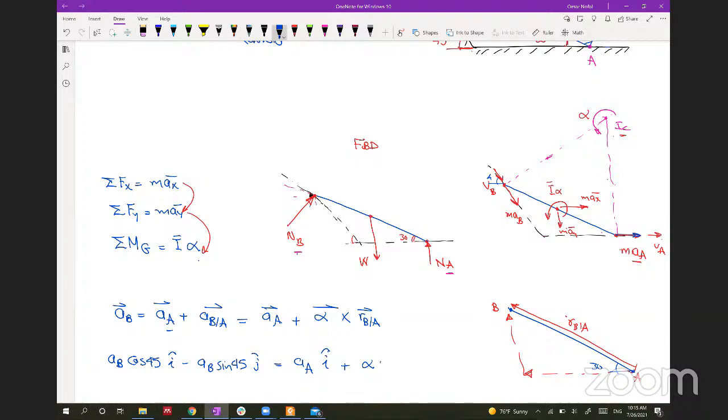So we will have alpha in the K hat. This will be crossed by RB with respect to A.